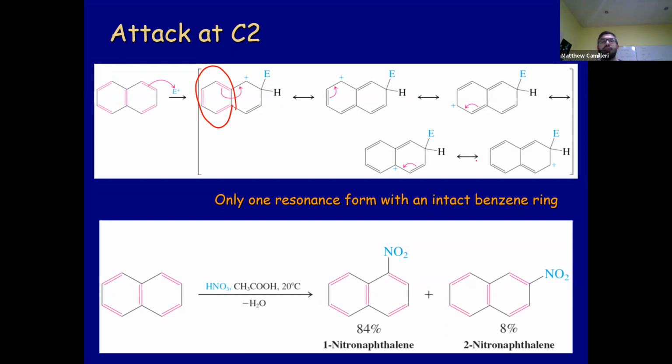So if you were to add the nitro group, you will end up in a situation where you will have 84% on C1, 8% on C2, and the other 8% would be other compounds. So disubstitution, maybe some trisubstitution, maybe some compound that didn't react.